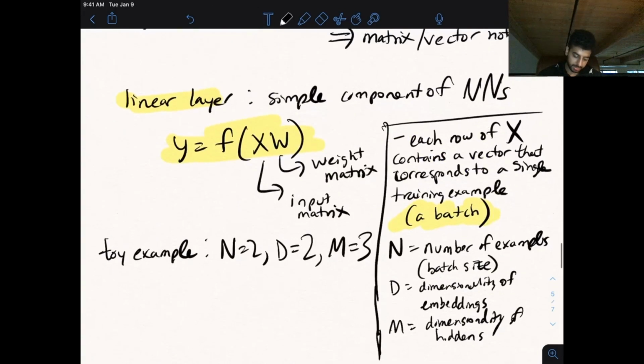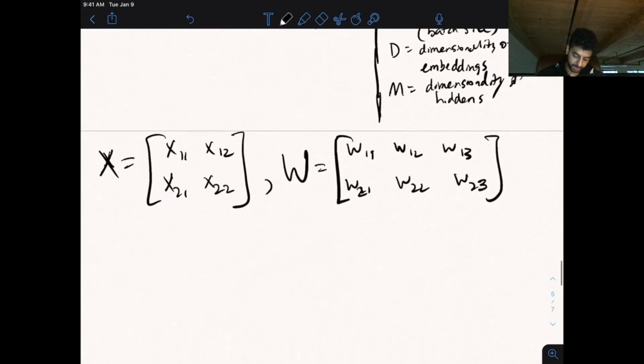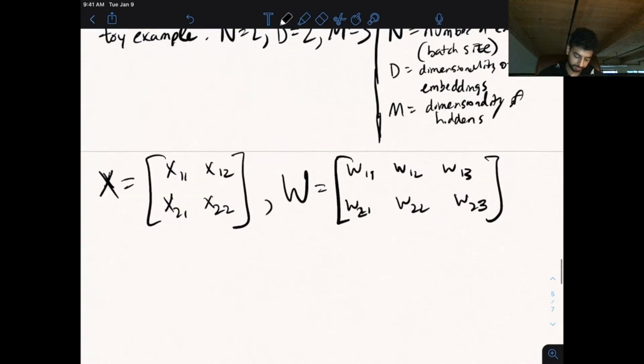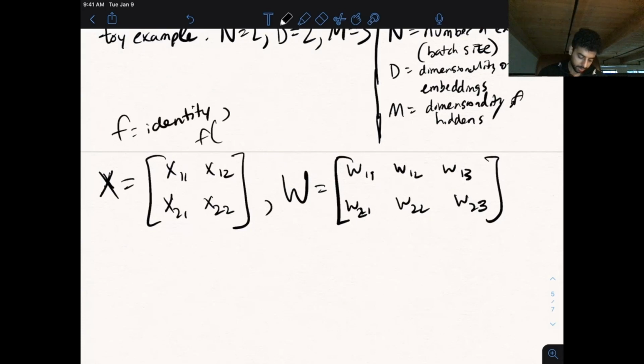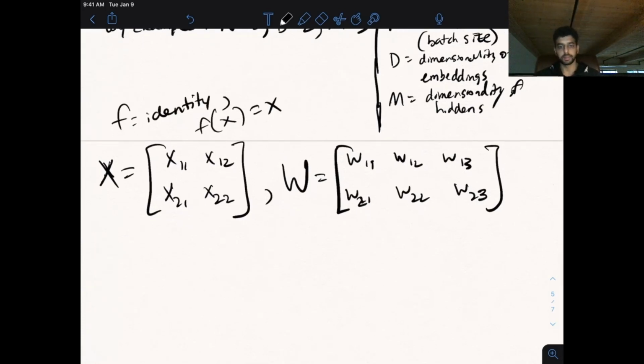And let's say, just to make things easy, that this f is going to be an identity function. f of x equals x. So we're not going to have to deal with chain ruling another nonlinear function.